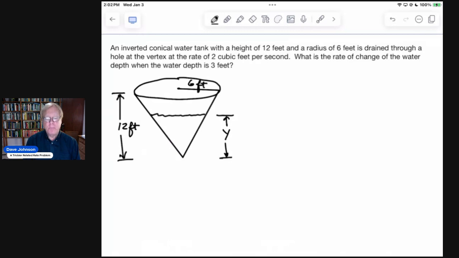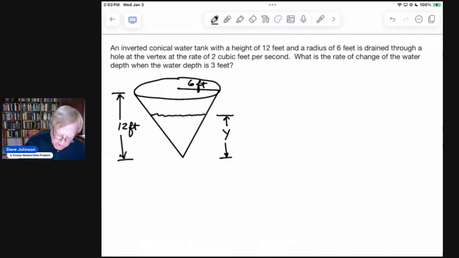Okay, so I've gone ahead and drawn an inverted conical water tank and labeled the dimensions. So the radius is 6 feet, the height of the tank is 12 feet. And I'm showing the height of the water as y. So that's one of our dependent variables.